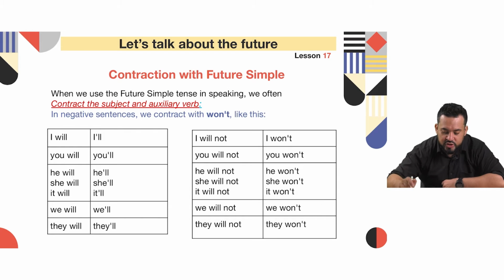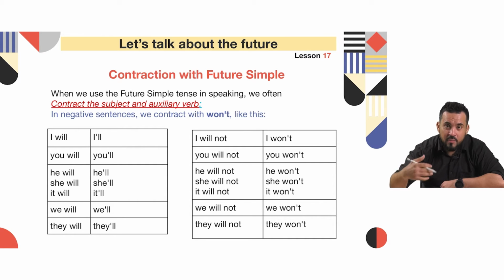Okay, contractions with the future simple. I will becomes I'll, you will becomes you'll, he will, she will, it will becomes he'll, she'll, it'll. We will becomes we'll.